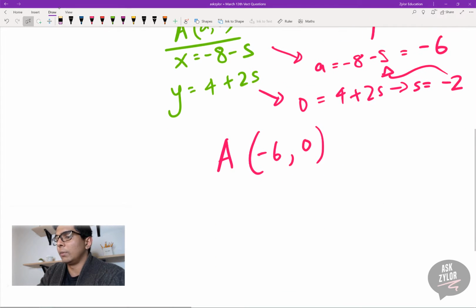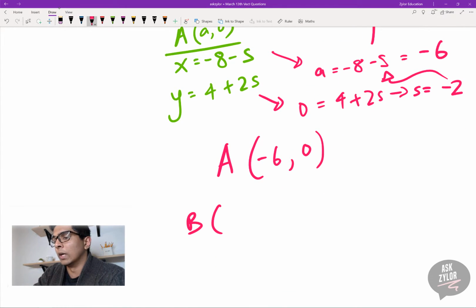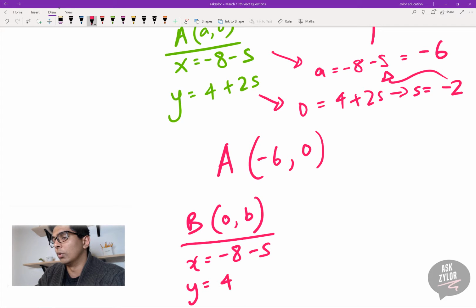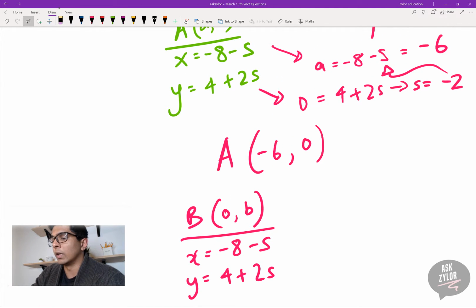So I'm going to take the same steps for my B coordinate. So I have 0 and b, and I have the same parametric equation. So I have x equals negative 8 minus s, and y is equal to 4 plus 2s. Now it's not going to be the same s value because there are two different points. So I need to find what my new s value is in order to find what my b is. Right. So I'm going to plug in these values again.